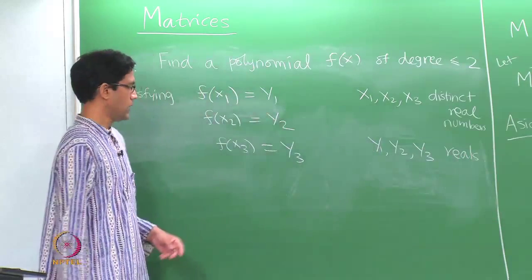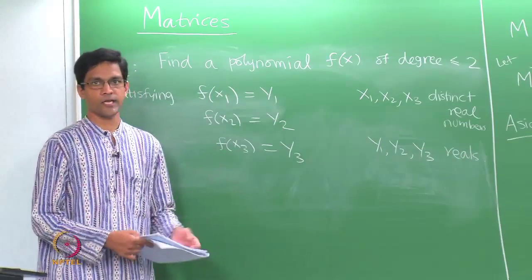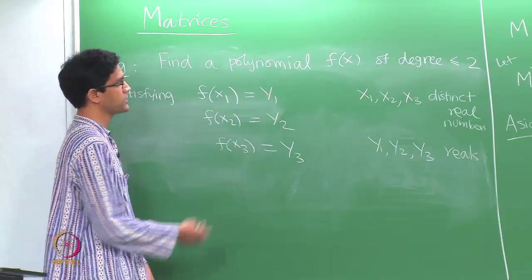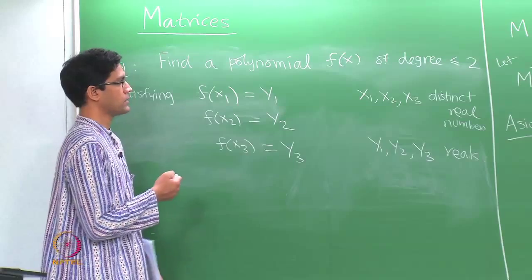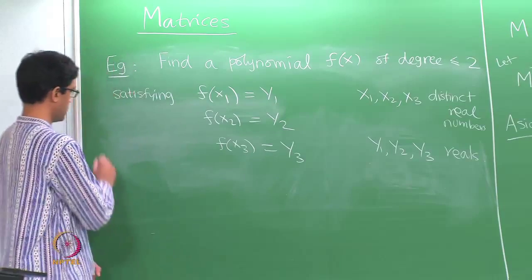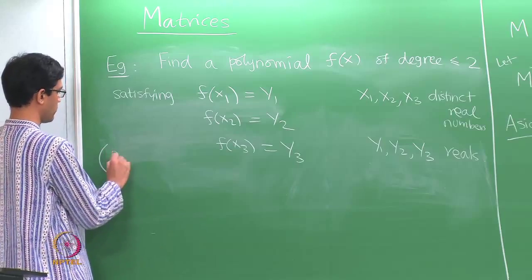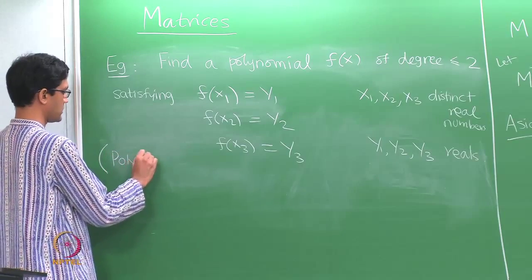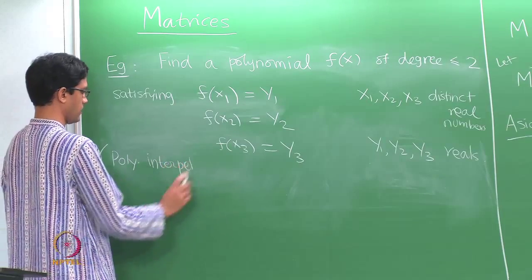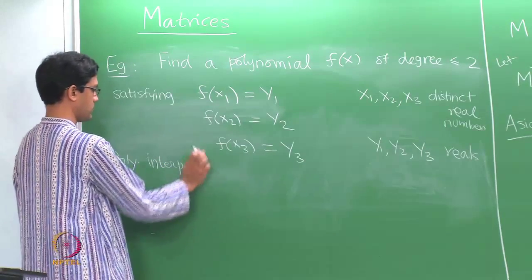Okay. And of course, recall this is exactly the problem of interpolation, right. So, here I have just taken a special case of interpolation where you are looking for a polynomial of degree at most 2, and so recall this is just the question of polynomial interpolation that we studied right at the beginning.